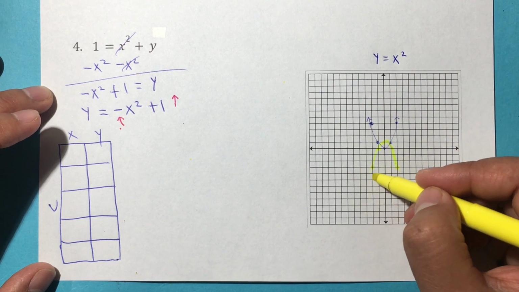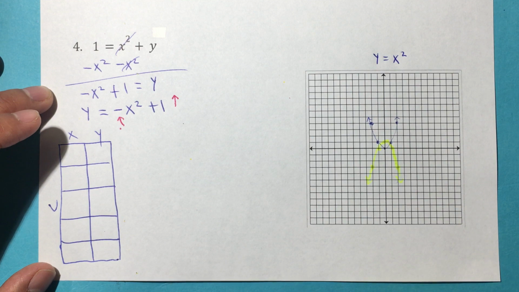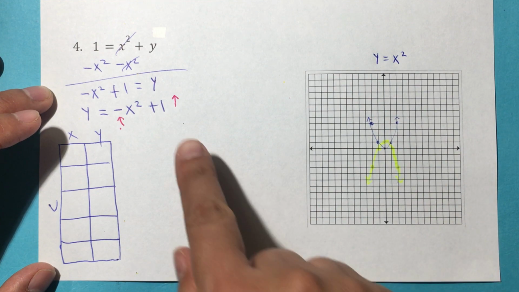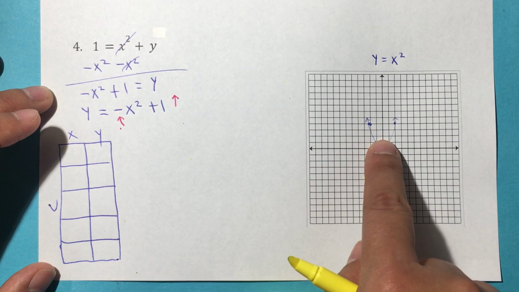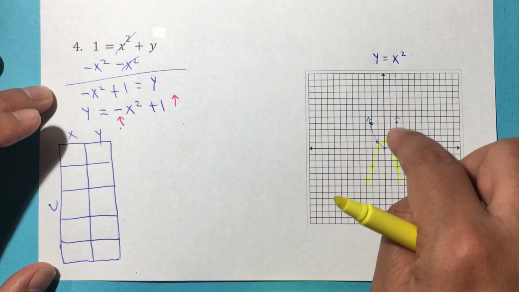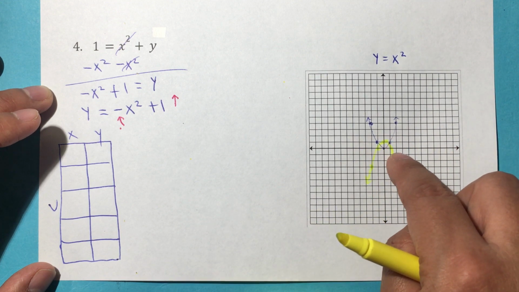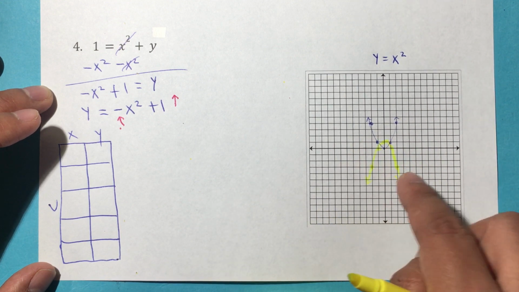Something like that. Okay, now let's check with our plotting points to make sure that that's where it's landing. Again, you go one space up, and then from that vertex you go 1, 1, and 2, 4.